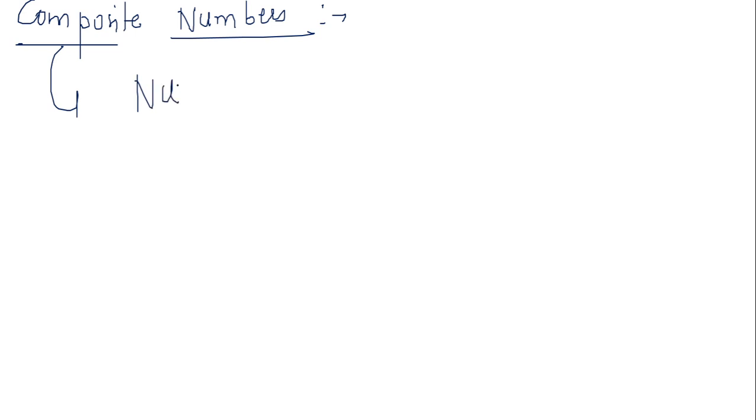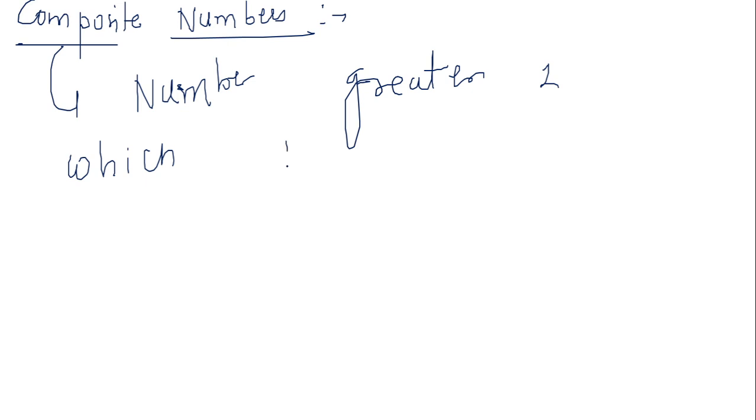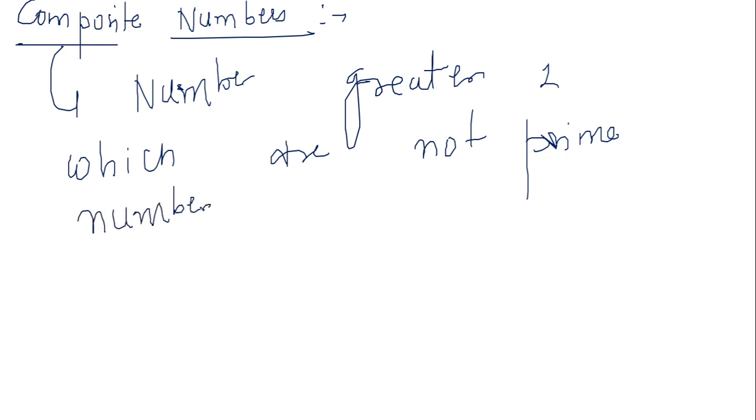Numbers which are greater than 1, they should be greater than 1, which are not prime numbers. So the second thing that you have to keep in mind is they should be greater than 1. They are not prime numbers and they should be greater than 1. These are called composite numbers.